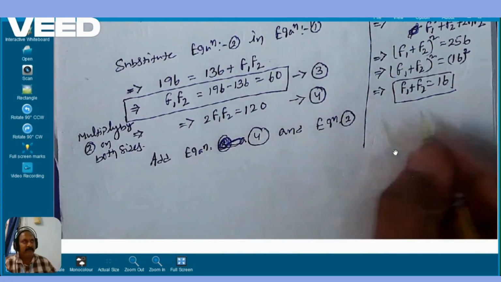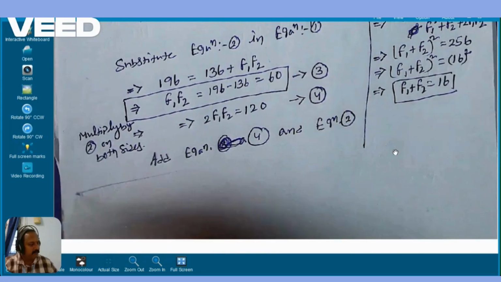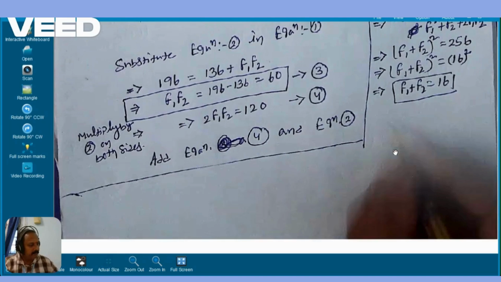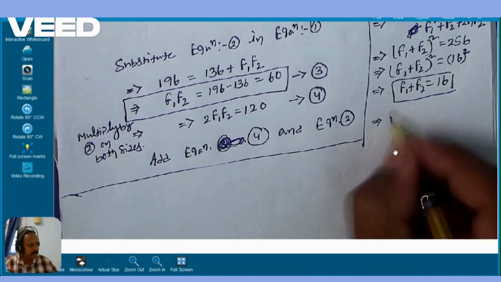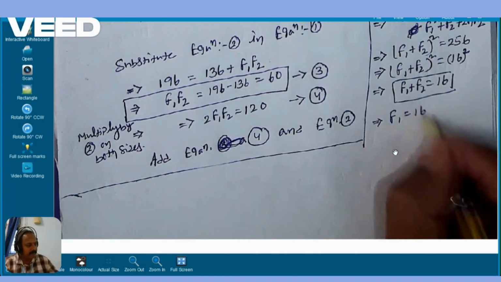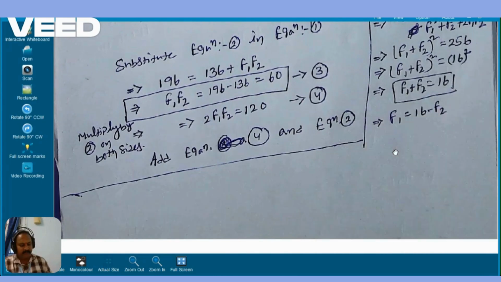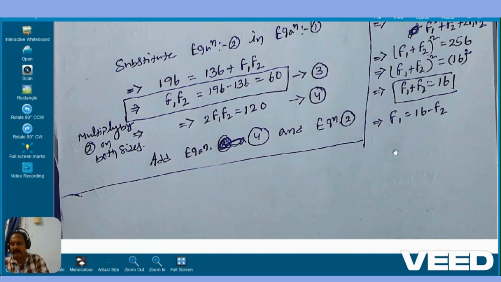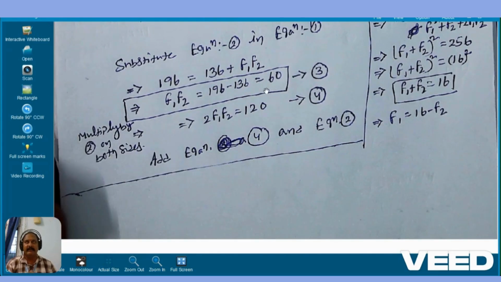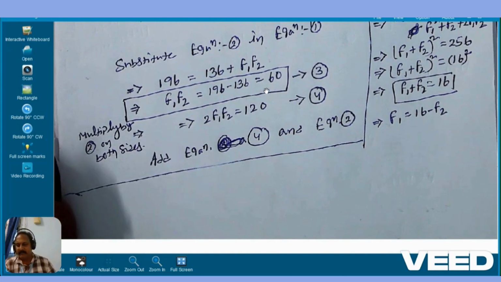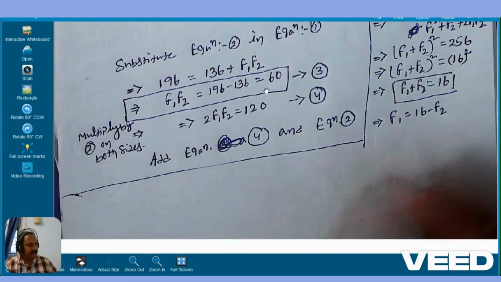So from here, f1 will be 16 minus f2. Now let us substitute this same value in equation 3, that is f1 f2 is equal to 60.